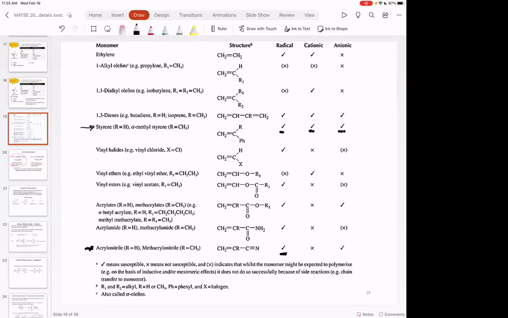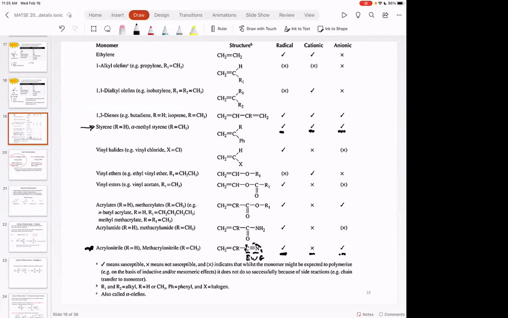I mean, it's hard to figure out if it's going to do radical polymerization. You probably either need to assume that it will or be told that it will, but it doesn't do cationic polymerization because of that electron withdrawing group right there. So no cationic polymerization because you can't stabilize that positive charge, but it does anionic just fine. So again, you don't have to remember or memorize this table.